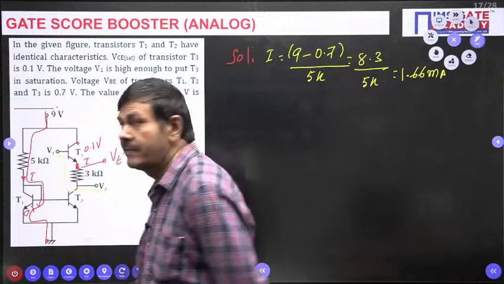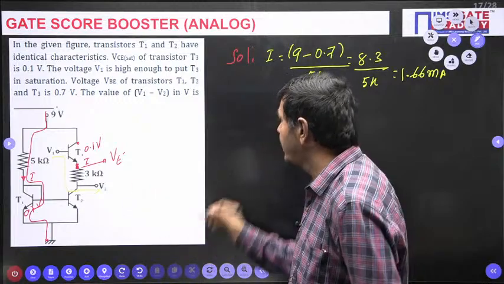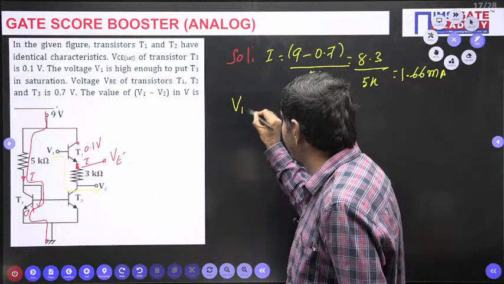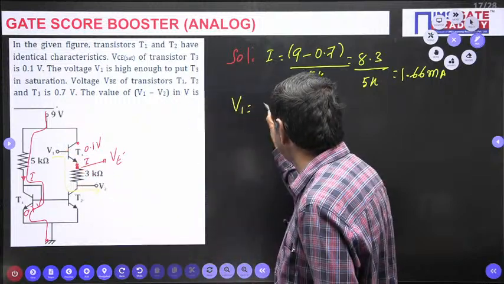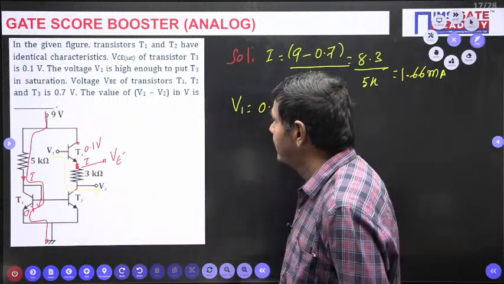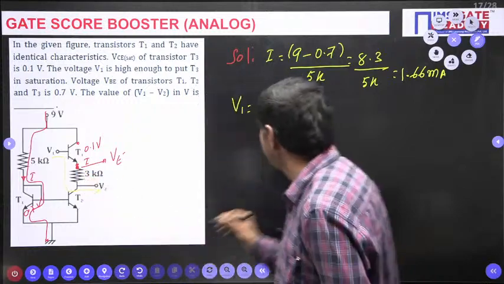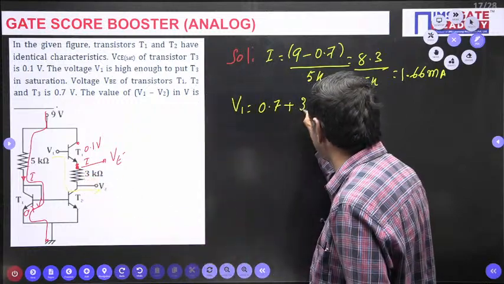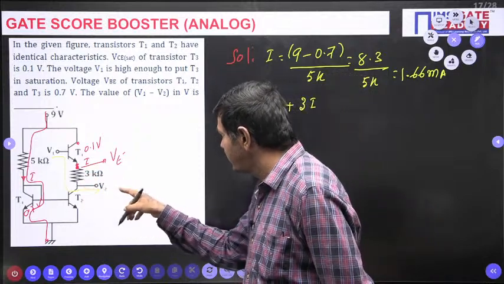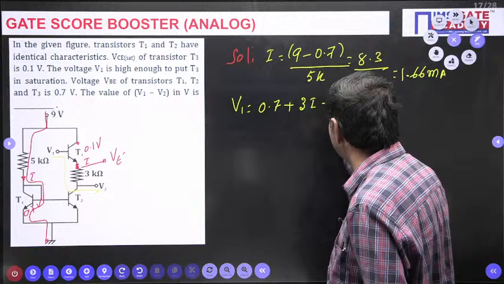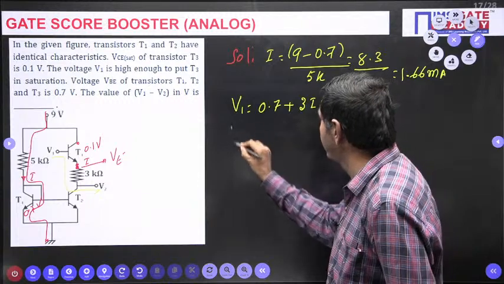Just apply the KVL. V1 equals, from here to here the drop is 0.7. When I go down, 3 into I plus 3I, and on this side plus V2. I want V1 minus V2.